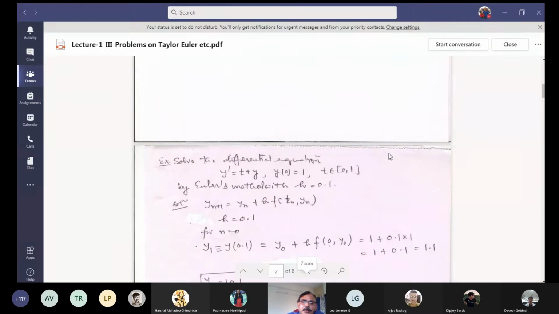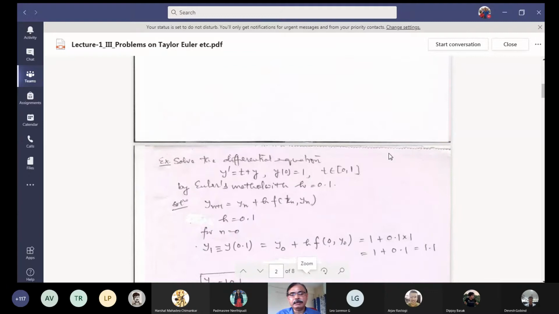Write down this problem on your register, because otherwise every time I have to show it. The slide is visible to you? Yes, sir. So note down this problem: y prime equal to t plus y, y0 is 1, domain is given as 0 to 1.